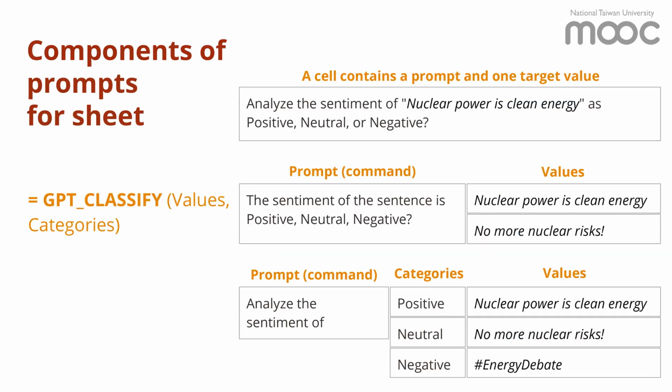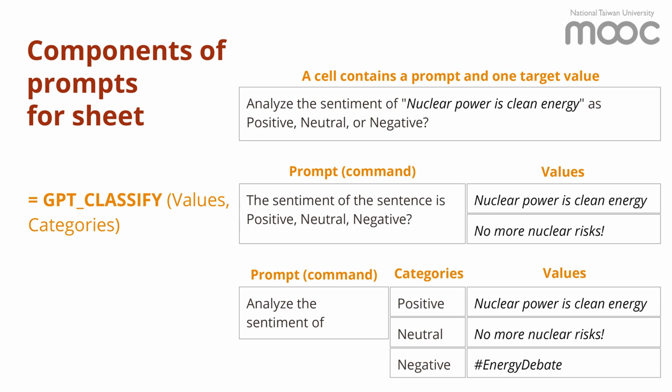In this slide, let me introduce typical components of prompts, especially for classification like stance detection and sentiment analysis. A prompt used for classification can be broken down into 3 parts. Take this prompt for example.